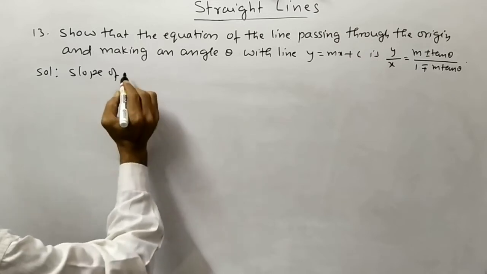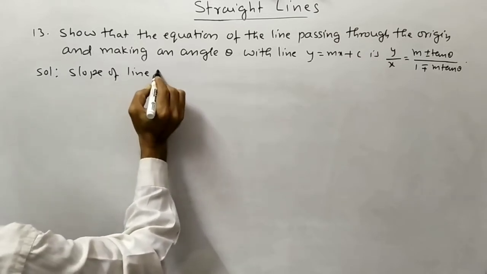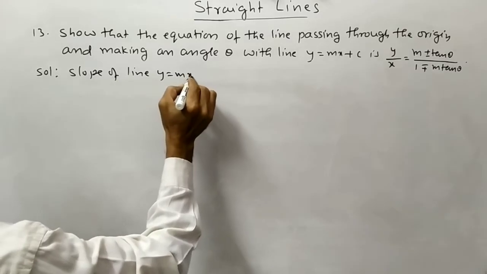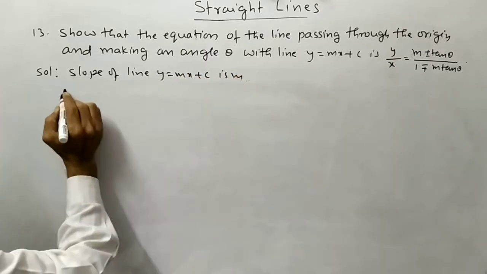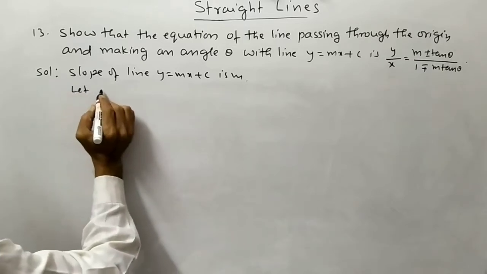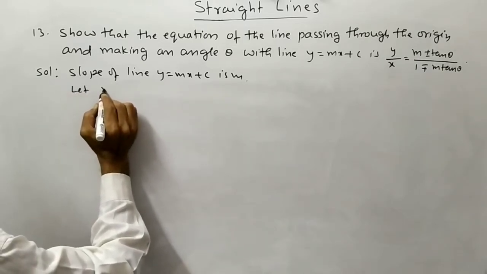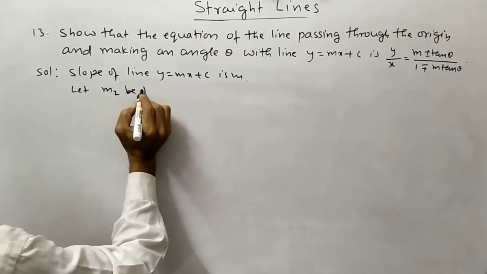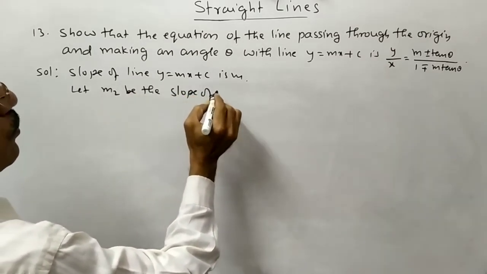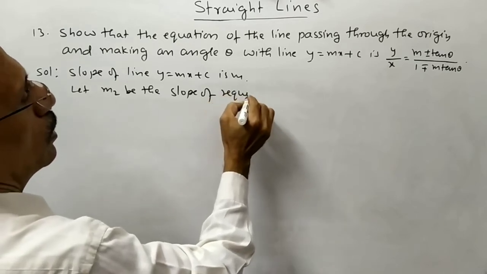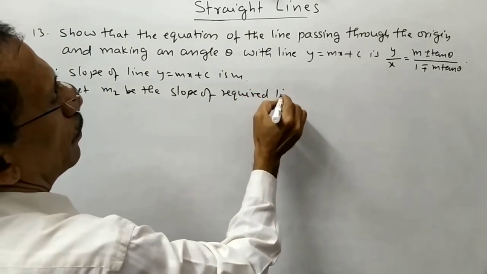Slope of line y is equal to mx plus c is m. Let m2 be the slope of required line.